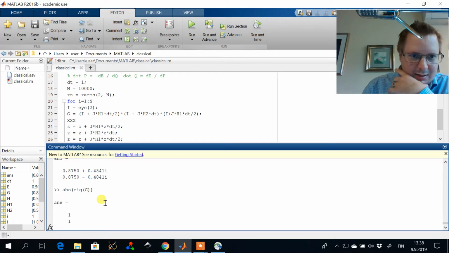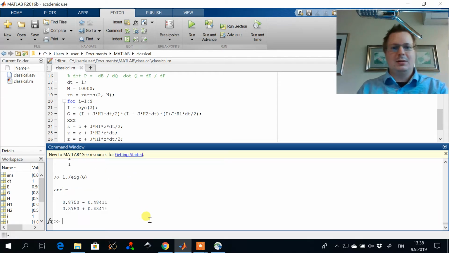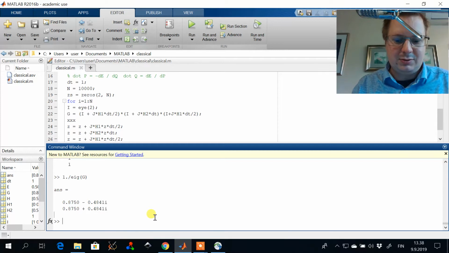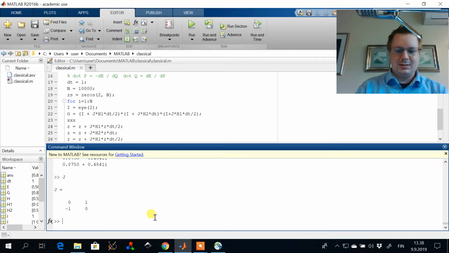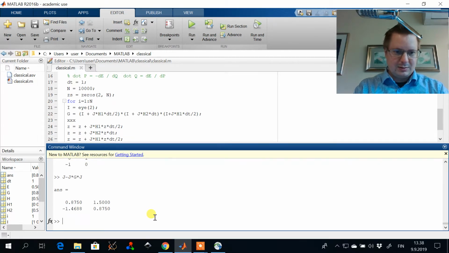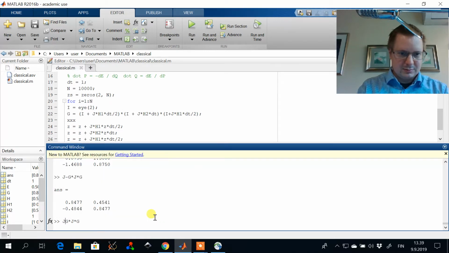So this matrix is a symplectic matrix, and what it means is that J minus J times G times J should be 0. No? How was it? G times G. No?